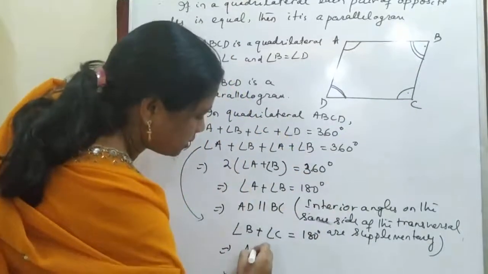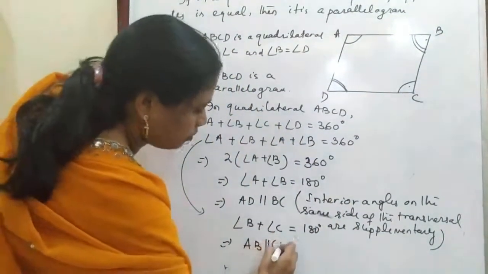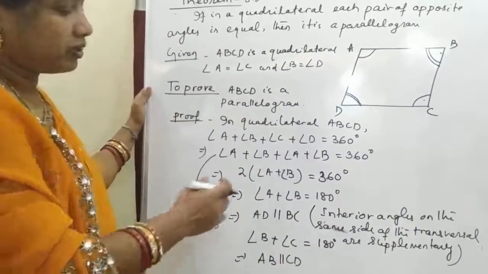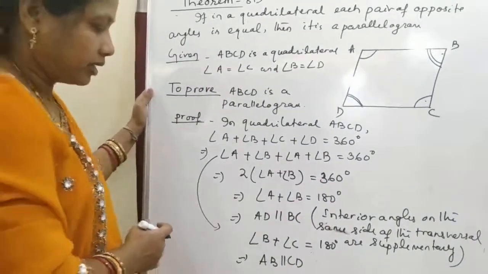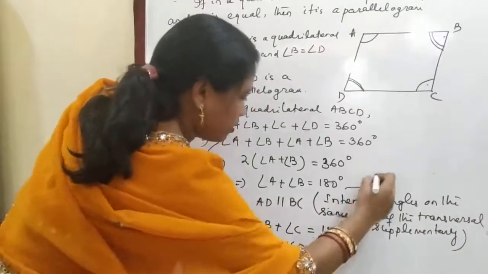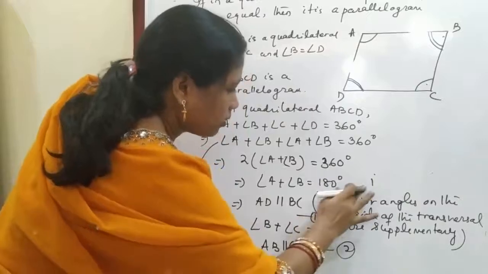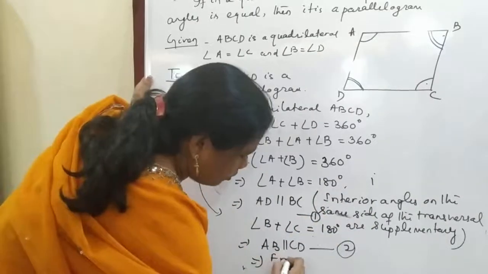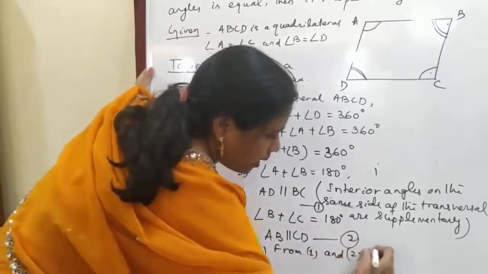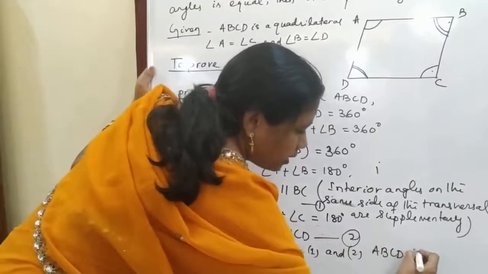So AB is parallel to CD, by the same condition: interior angles on the same side of the transversal are supplementary. This is 2, this is 1. So from 1 and 2, it is proved that ABCD is a parallelogram.